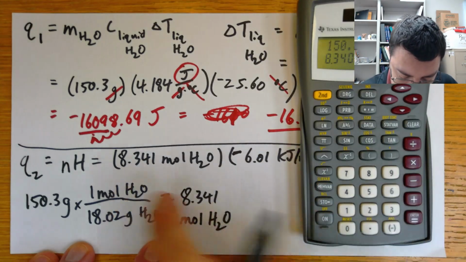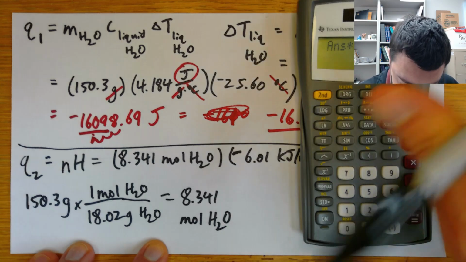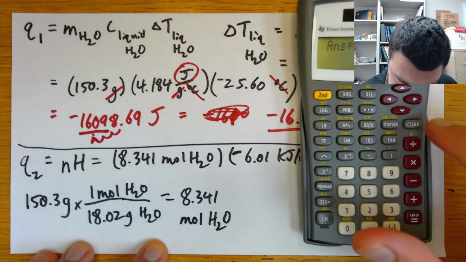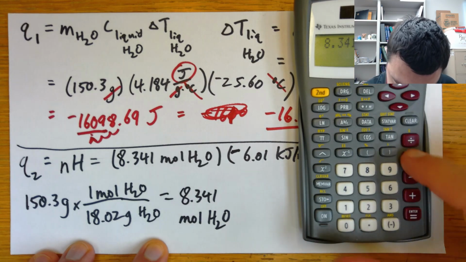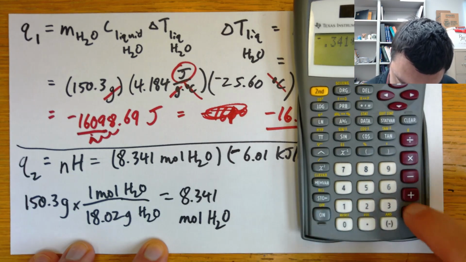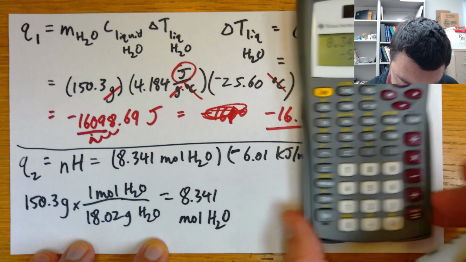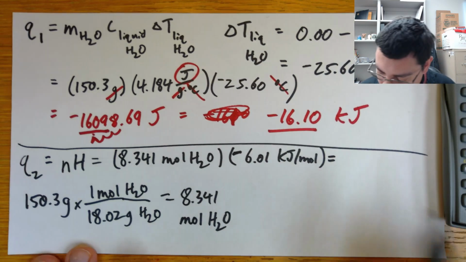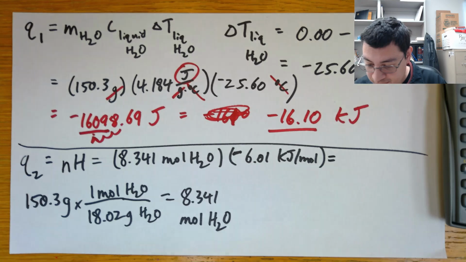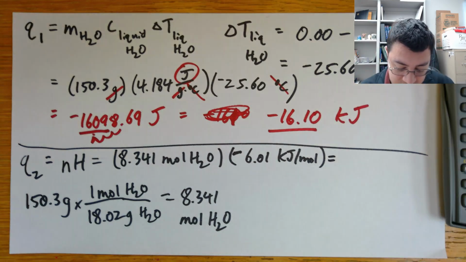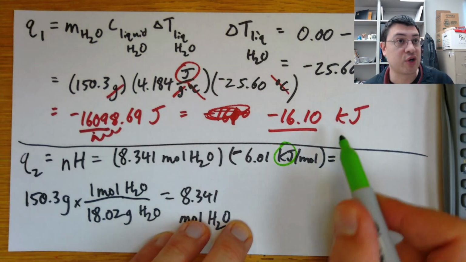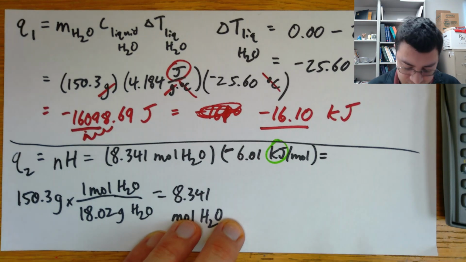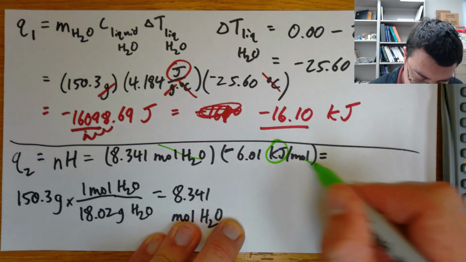All right, I can just use this previous answer already in my calculator times, well, some of you round it on the spot. I'll just do the same as you. All right, and now, nice thing here is that our answer is already in kilojoules. So we don't have to go out of our way to convert, but our moles will cancel.